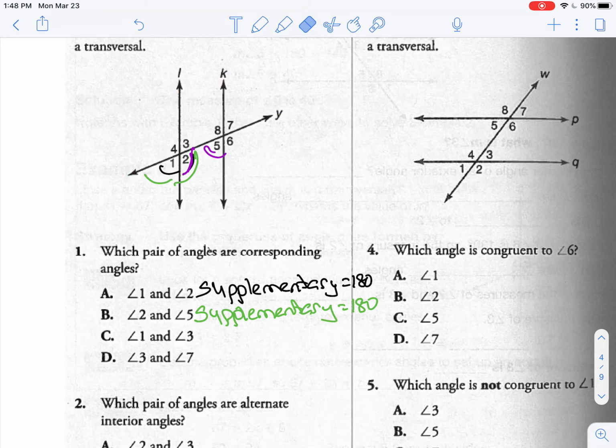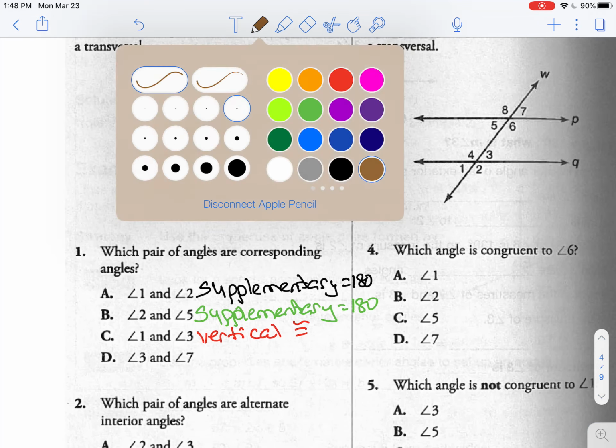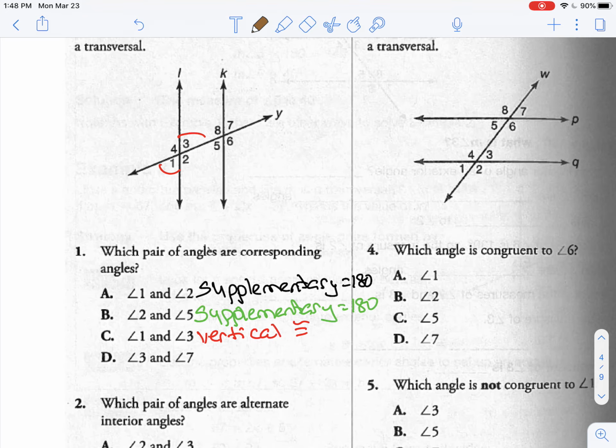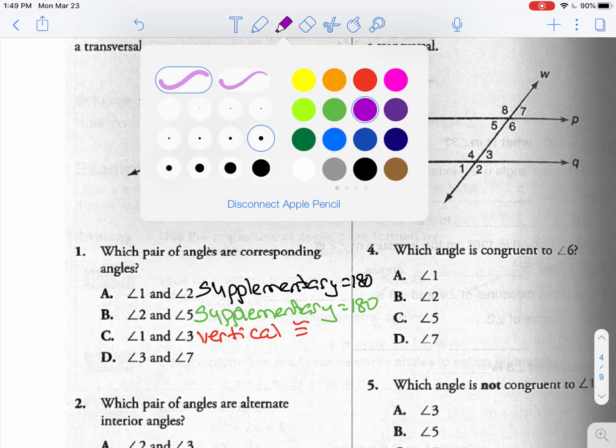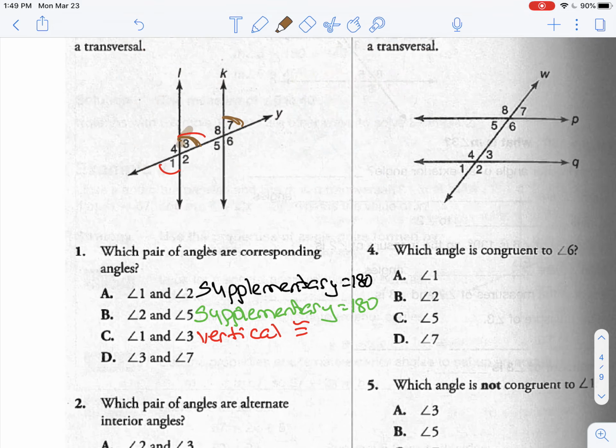And then 1 and 3. I'm going to erase up here because it's kind of getting a mess. Okay, and so now we want to go 1 and 3. Oh, easy peasy. 1 and 3 are vertical, and they're congruent to each other. And then lastly, we have 3 and 7. 3 and 7 are ones that are corresponding.